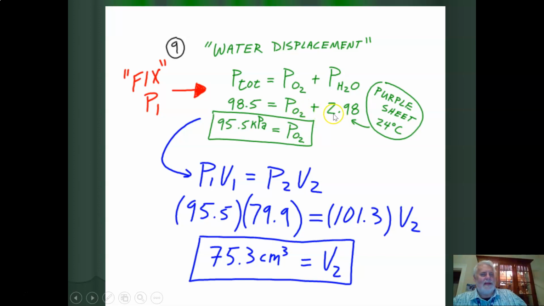So again, this 2.98 came from the blue sheet, not purple, blue sheet. And you look up at 24 degrees and you go across, it's got millimeters of mercury. Don't use that one because this is a kilopascal problem. So use the one where it's kilopascals, and you got 2.98. All right.